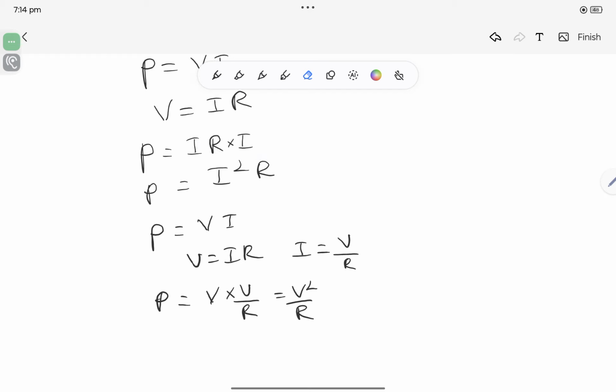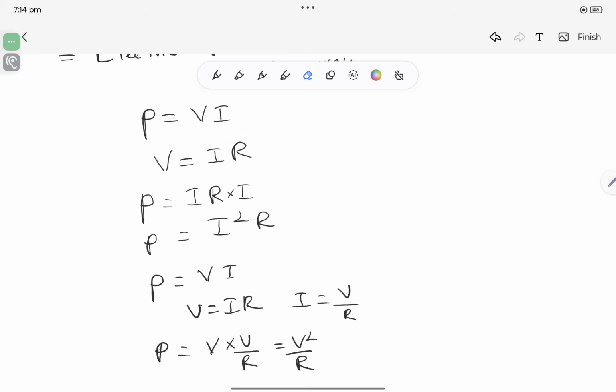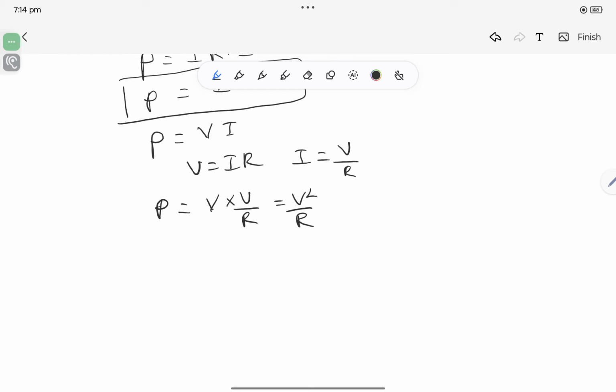If they give current and voltage, you can directly apply P is equal to VI. If they give current and resistance, you can use P is equal to I square R.